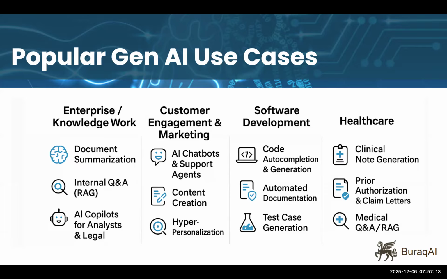So first is document summarization. You have a huge number of documents, and you want to summarize them and provide a summary. This is a very beautiful use case. At our company, CBRE, we have created an application that has reduced the effort from 5 days to 2 hours.